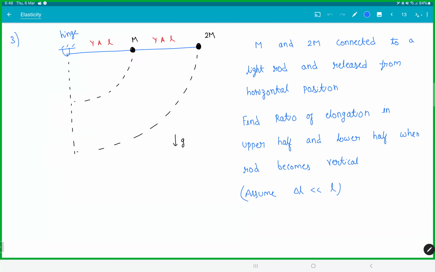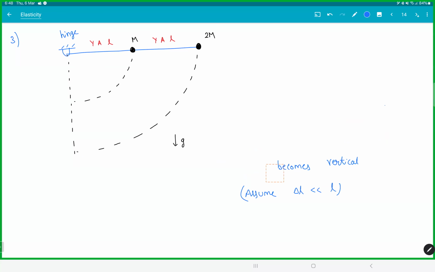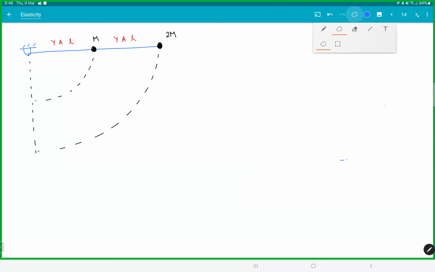So when this becomes vertical, they have the same omega.